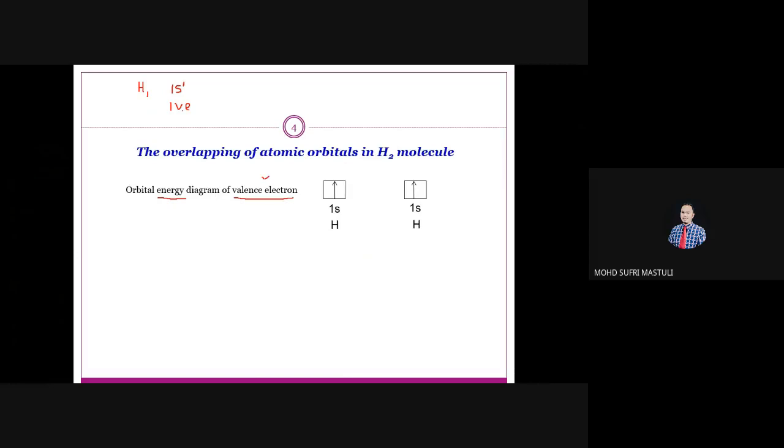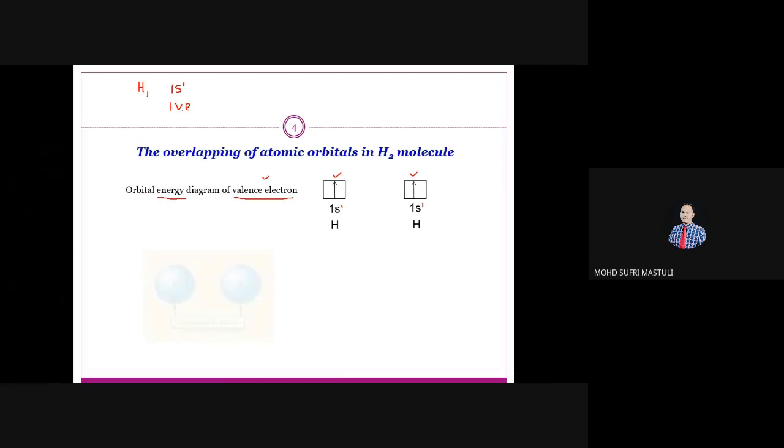For the first hydrogen atom, it should be 1s1. This is why this box contains 1 electron. And the same goes for the other hydrogen atom, which is 1s1.